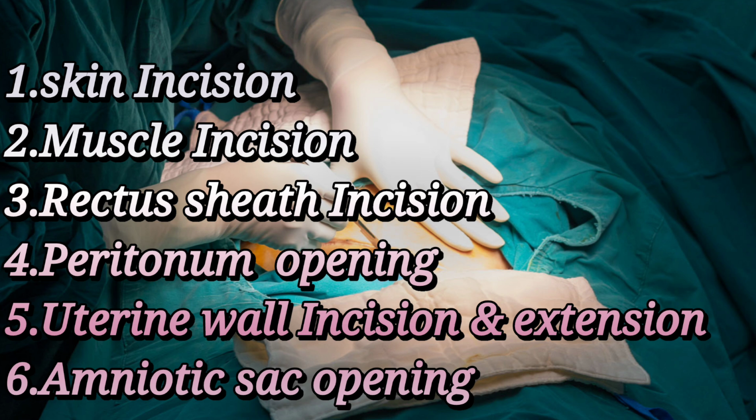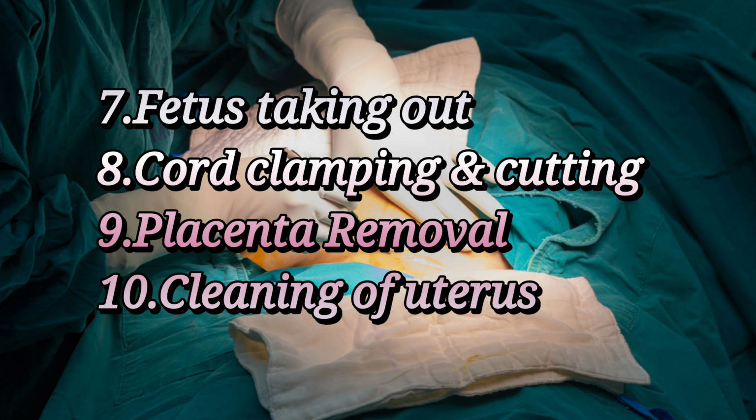Fourth, peritoneum opening. Fifth, uterine wall incision. After the uterine wall incision, we do the amniotic sac opening, that is the sixth one. Seventh, we take the baby out. Eighth, we do cord clamping and cutting. Ninth, we remove the placenta. And tenth, we clean the uterus.